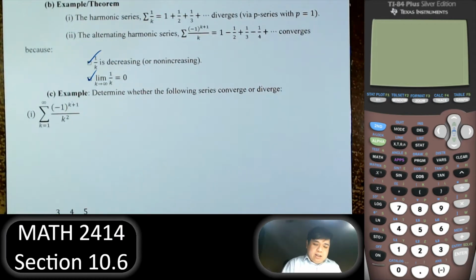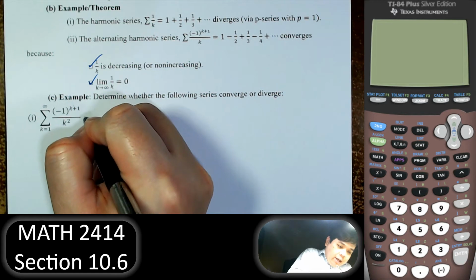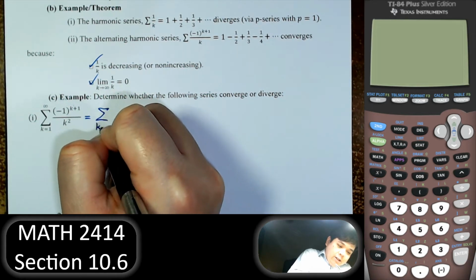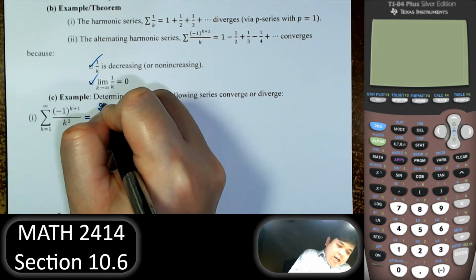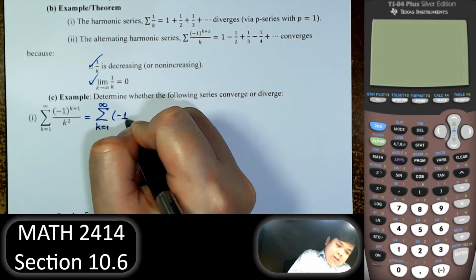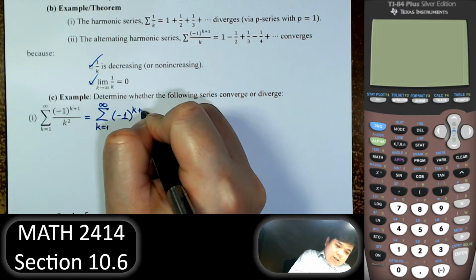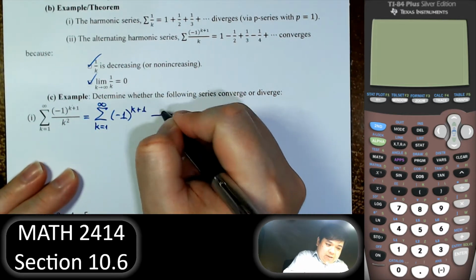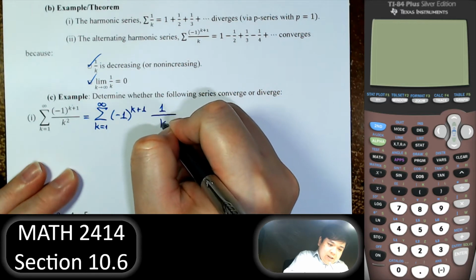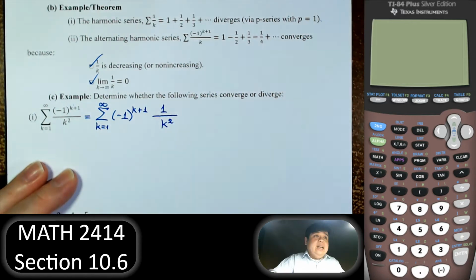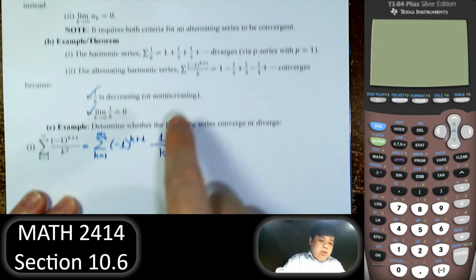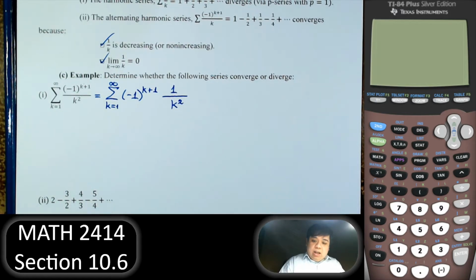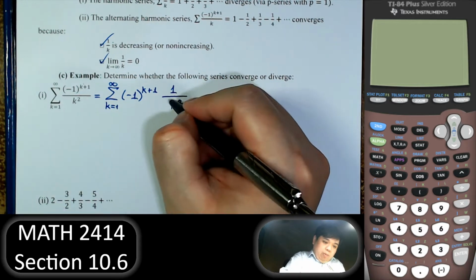Now we have something like this. It will be useful if we take the -1 to the k plus 1 in front, and what's left is a sub k. So we take away that alternating sign, and what's left is a sub k.